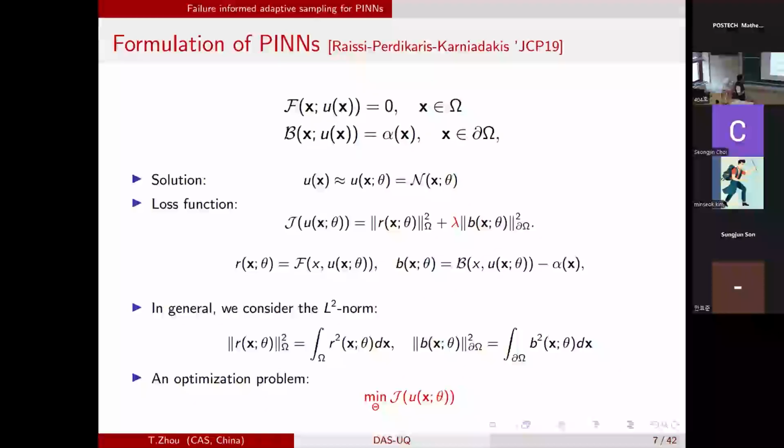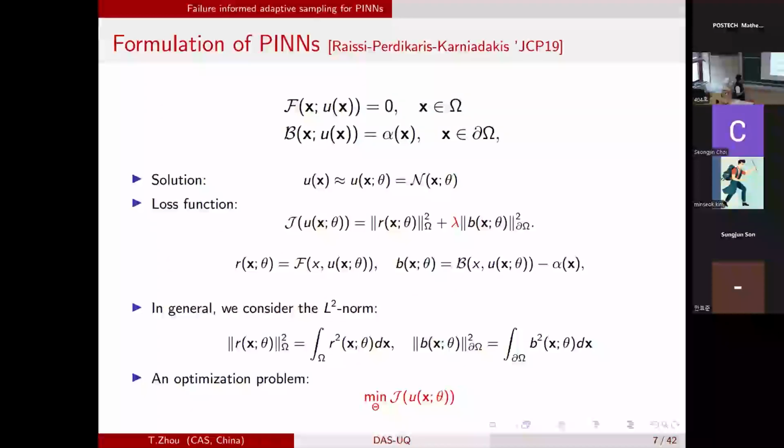So you put this function into the equation, and you will get the residual of the equation, denoted by R here. And the other one is the boundary condition. The solution also satisfies the boundary condition, so you will get another term for the boundary condition. This is the so-called loss function for PINNs.